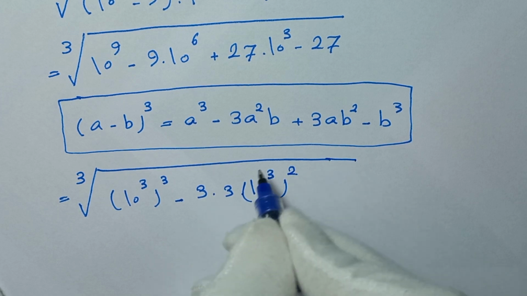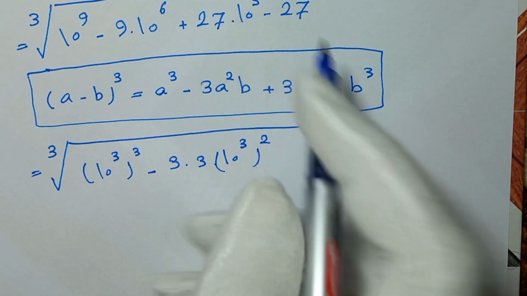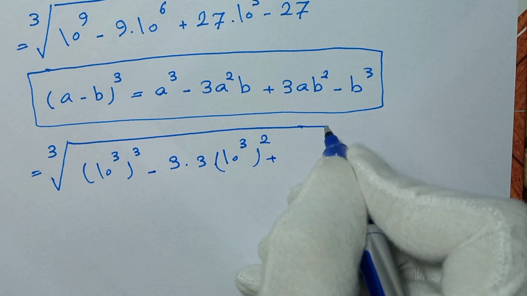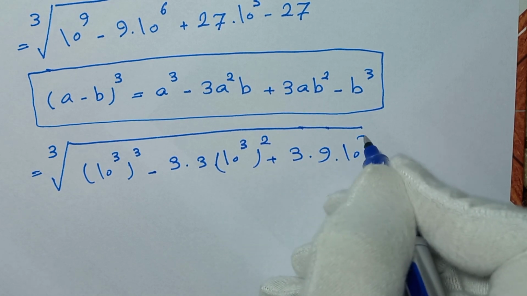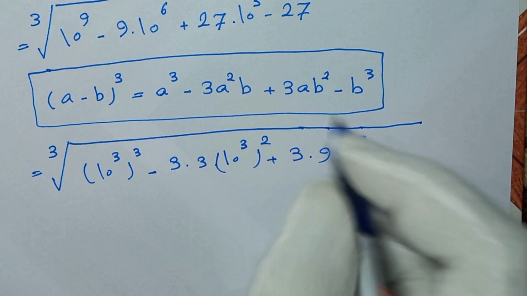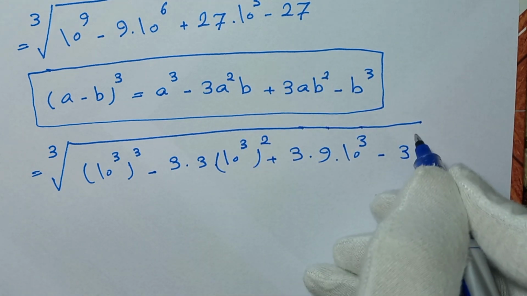And we have 27, which we can write as 3 times 9, times 10 to the power of 3, and minus 27, which we can write as 3 to the power of 3.